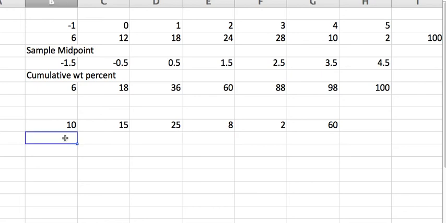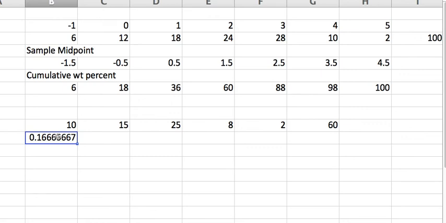So what percent of that is 10 grams? And there's a simple equation to do that. You just say that's equal to 10 grams, divided by the total of 60 grams. There you go. And therefore, it's 16%.